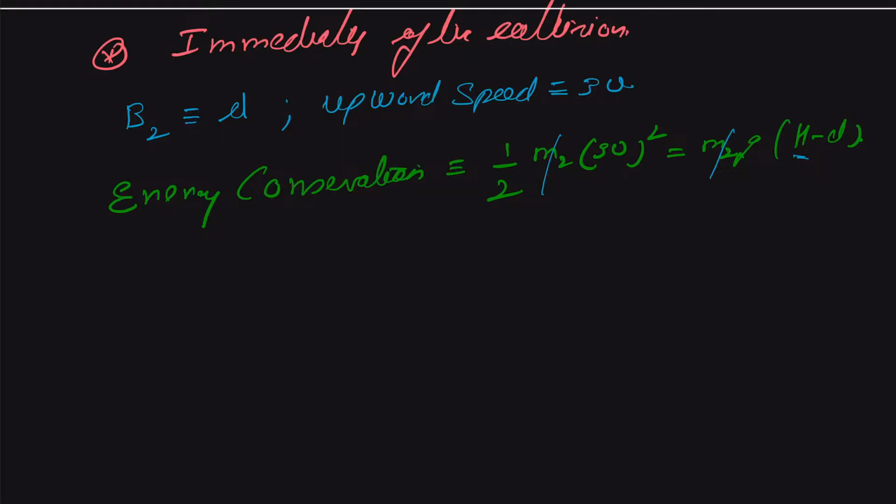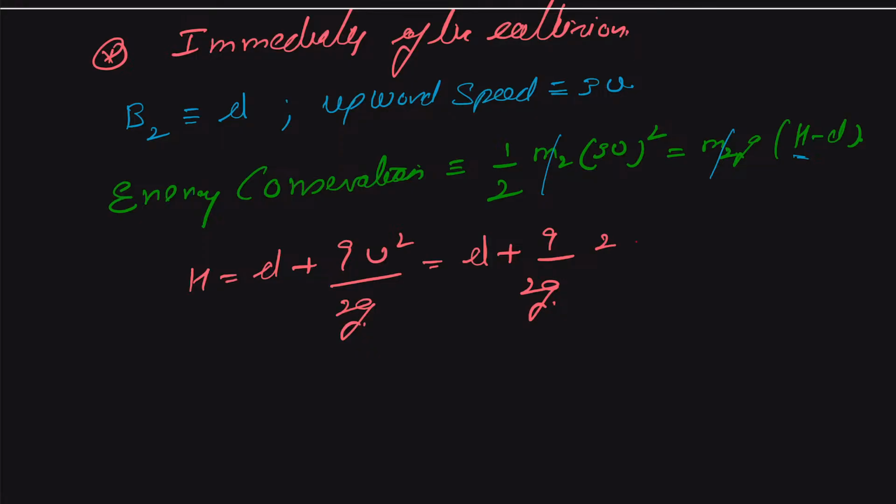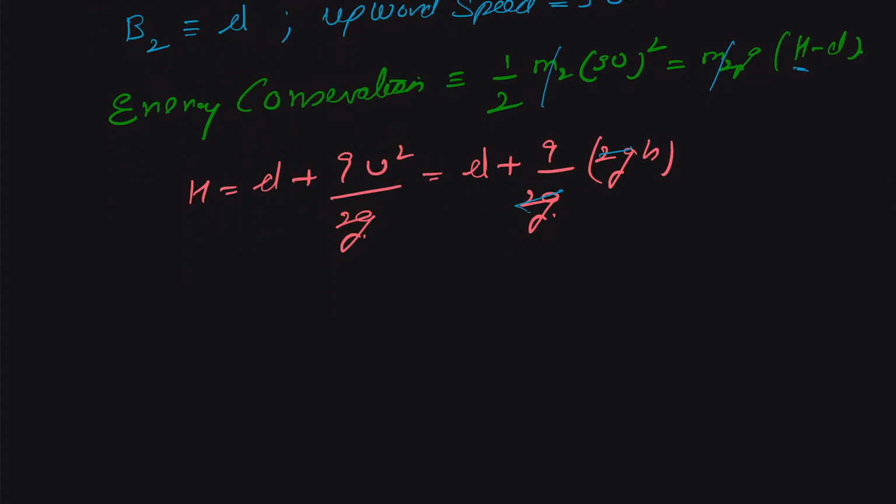Therefore h will be equal to d plus 9v square upon 2g, and we already know v square is 2gh, so we substitute it. So this comes as 9 upon 2g times 2gh, and here the 2g and 2g cancel out. Therefore we get that height h is equal to d plus 9h.